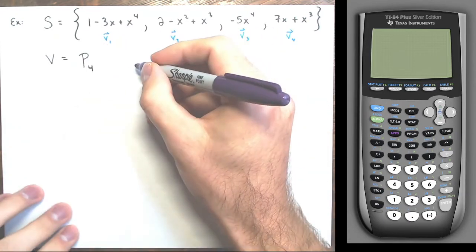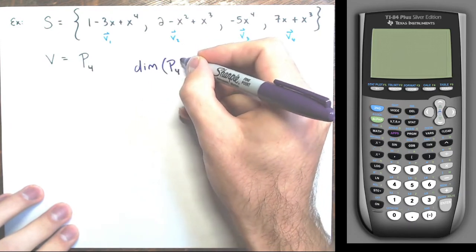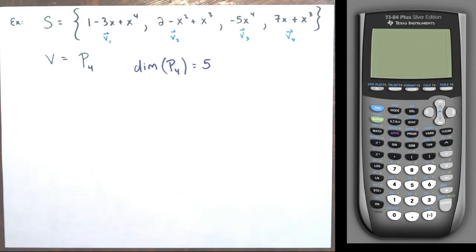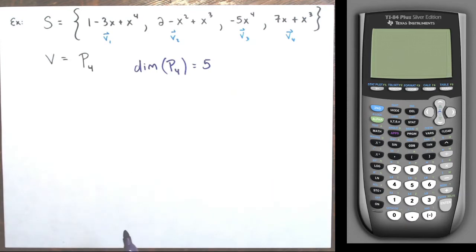But since I know the dimension of P4 is 5, based on our standard bases talk earlier, we can say immediately, without doing any work at all, that this set does not form a basis for P4.